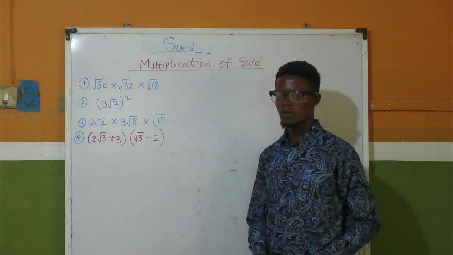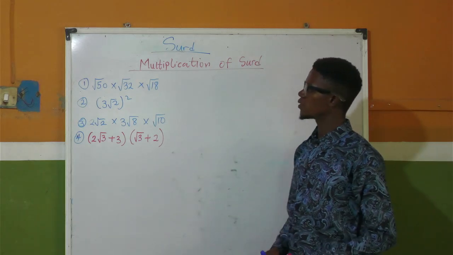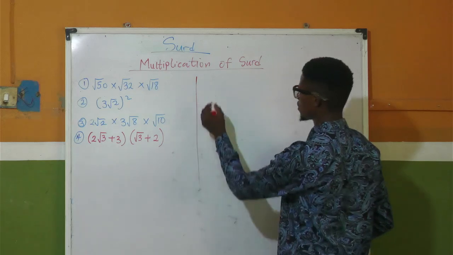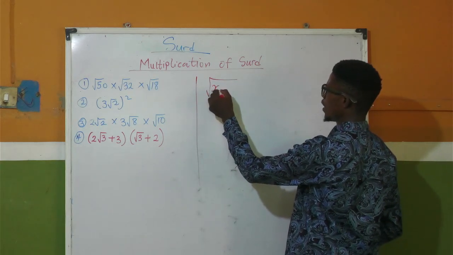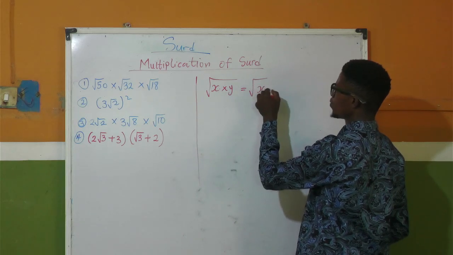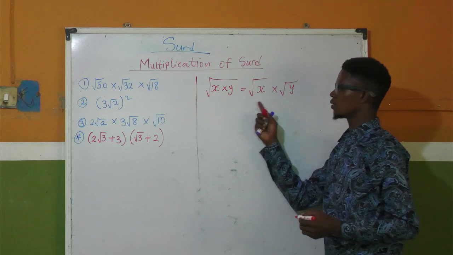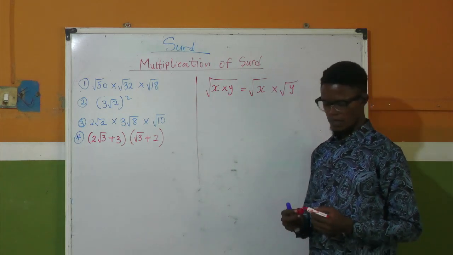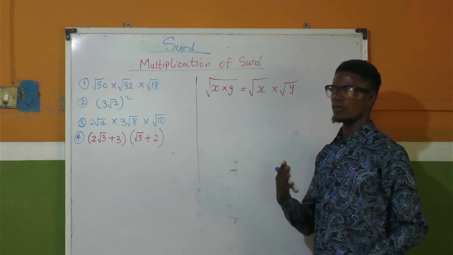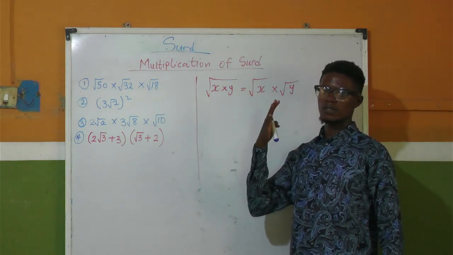In the second video of this lecture, we talked about the rules of surds, and I mentioned that one of the rules of multiplication of surds is that if you have x multiplied by y, it is possible to perform the multiplication of different irrational expressions in surds, unlike addition and subtraction where they have to be the same before you can proceed with the operations.